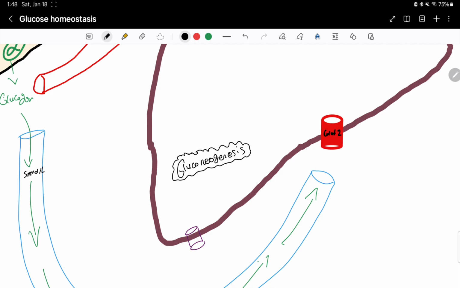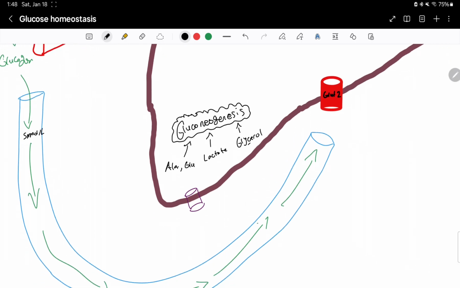What kind of non-carbohydrate substances? Things like lactate, which is a byproduct of anaerobic metabolism, glycerol, which comes from the breakdown of fats, we'll see that and link it back here, and amino acids like alanine and glutamine. There are other ones as well.